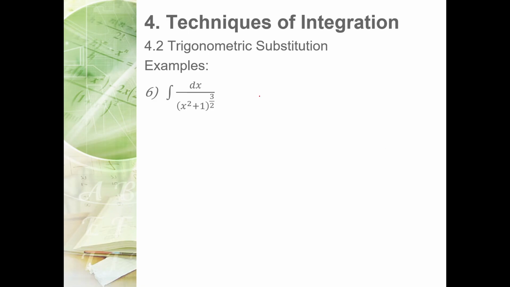So in this example, if we try to determine the radical term for this expression, this is dx all over, notice the index is 2 in the denominator, so that's square root of x squared plus 1, then cubed, right?